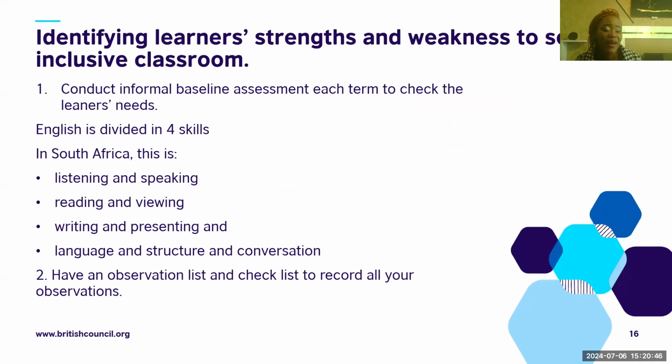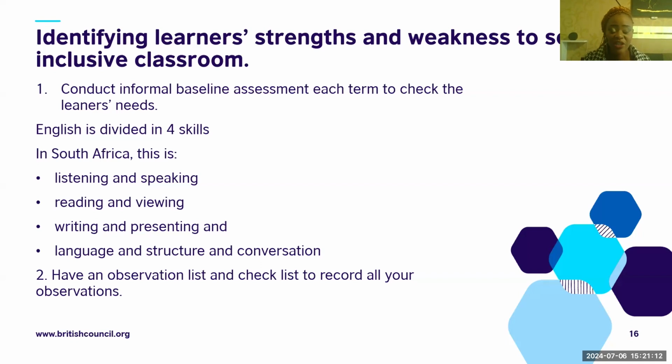Right, so now as a teacher, how do I identify the strengths and weaknesses to set up a classroom that is inclusive and conducive? The first thing I normally do in my classroom is conduct a baseline assessment. It is very important that I know the level where my learners are.